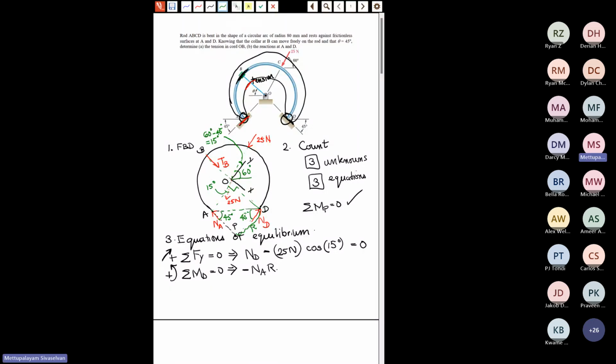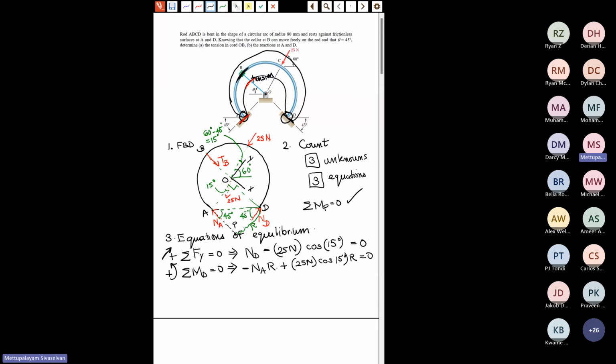So the component of the 25 Newtons that's along the direction OD doesn't have any moment. So I just have to look at the component of the 25 Newtons that's along OA. So that'll be 25 Newtons cosine 15 degrees times R. And then that moment is counterclockwise, so that's a plus, equals 0.